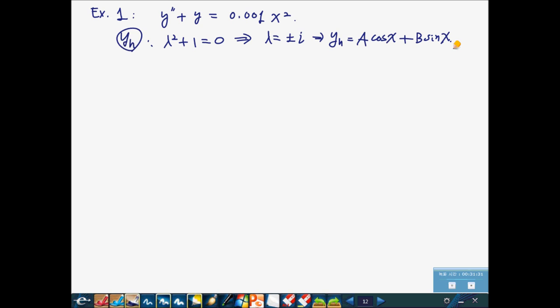All right, so let's see. Now it's time to get yp. Okay, and let's say we have yp will be kx squared. Let's see what's going to happen when we do this. Okay, we didn't fully generalize it yet, right? But let's see what's happened.